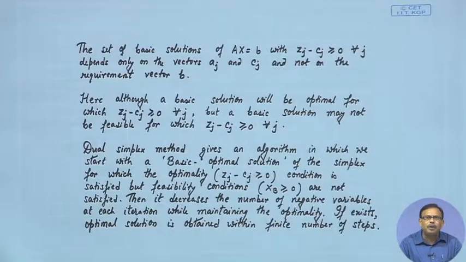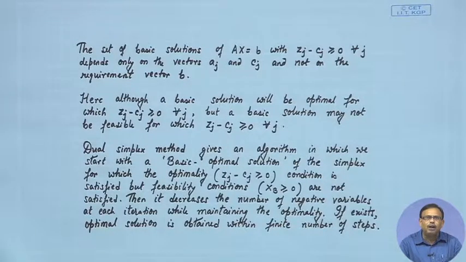The dual simplex method gives an algorithm which starts with a basic optimal solution of the simplex method, for which the optimality condition is satisfied. Optimality condition means Zj minus Cj greater than equals 0.